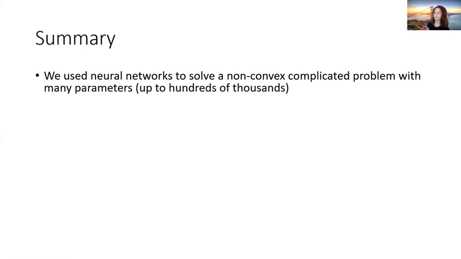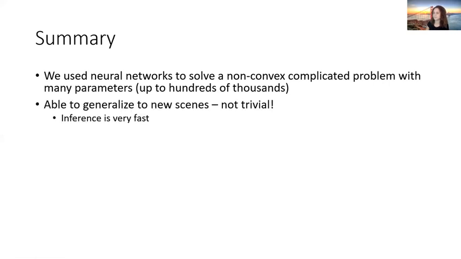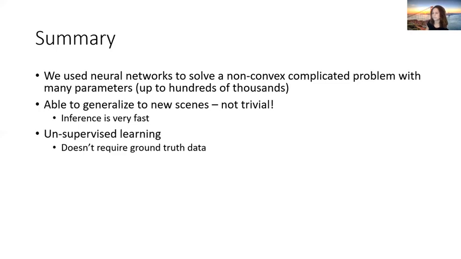If we have 400 images and 200,000 points, it's a huge number of parameters. And we were able to generalize to new scenes, which is not trivial. Inference by itself is very fast, in milliseconds. The problem is that we added this short fine-tuning. Hopefully in the future we will be able to have only inference and solve problems in a very short time.